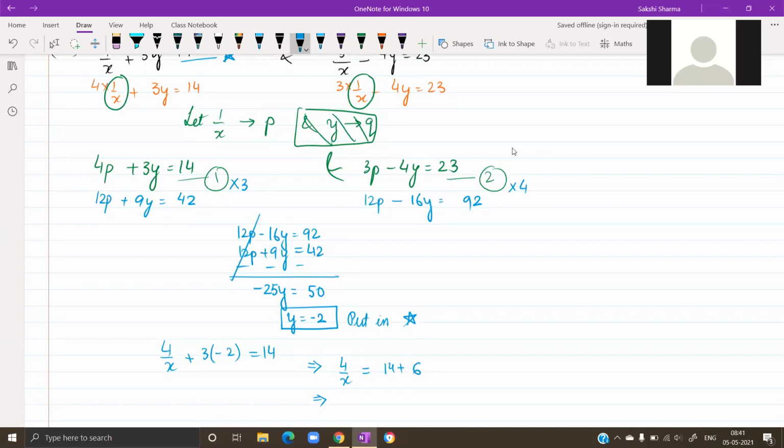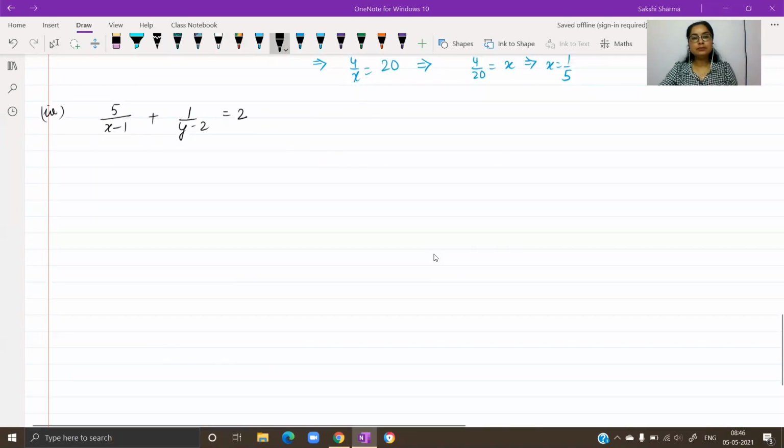1 by 5. Fourth part, rewriting the equations.